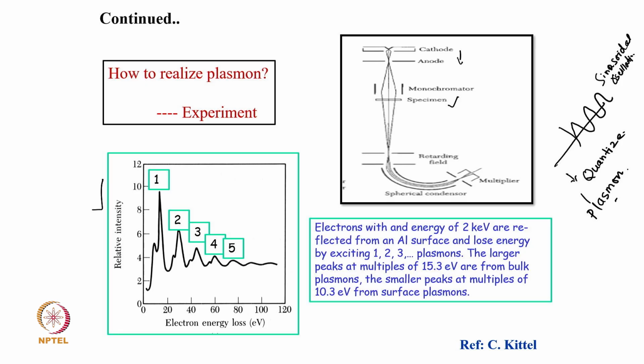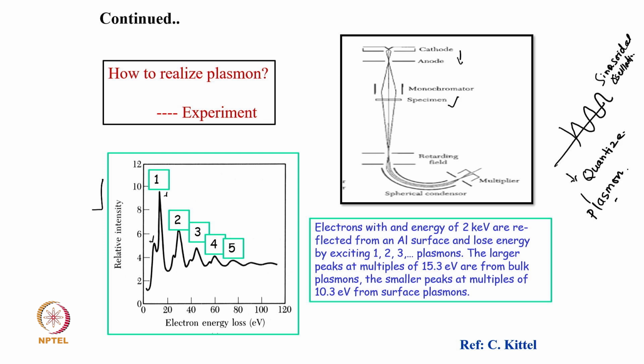The electron, when passing through a thin metal foil, loses energy, generating two types of plasmon: one is bulk plasmon, another is surface plasmon. This is the quantization of plasma oscillation.